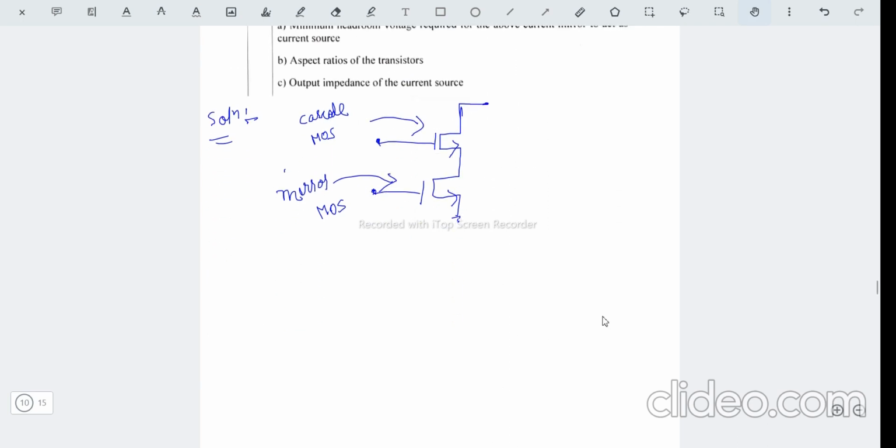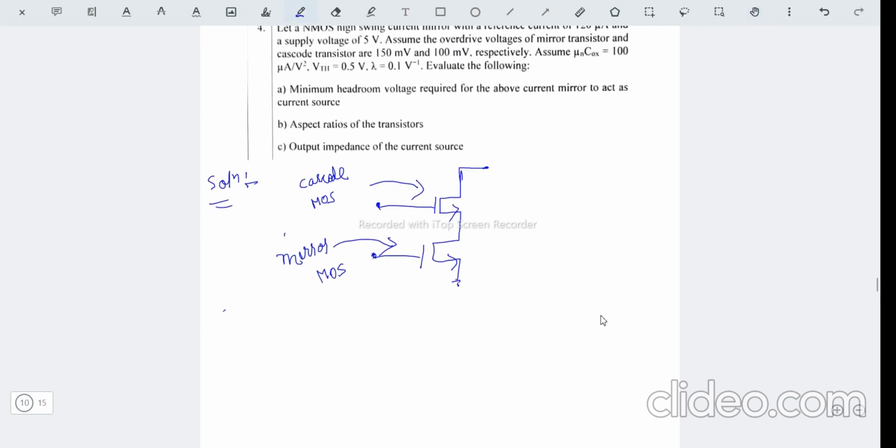In sub question A, they asked about the minimum headroom voltage. I will call the cascode MOS M2 and the mirror MOS M1. The headroom voltage of the high swing MOSFET is given by VOV of the cascode MOS plus VOV of the mirror MOS. VOV2 and VOV1 are given in the question.